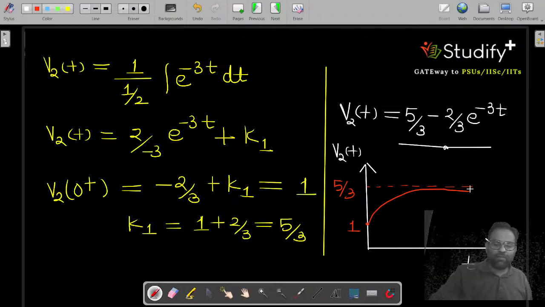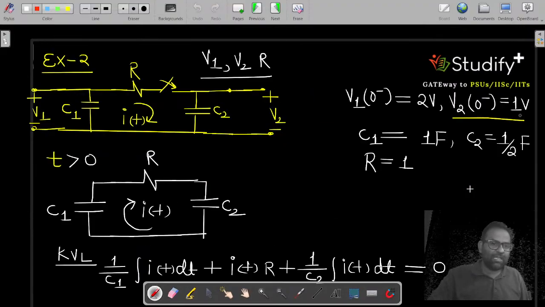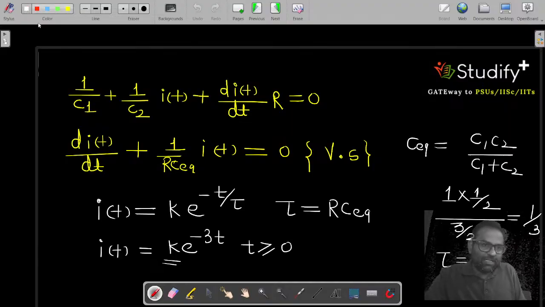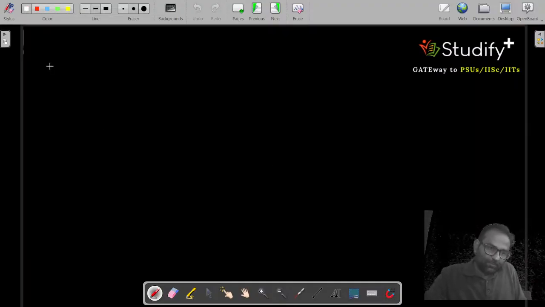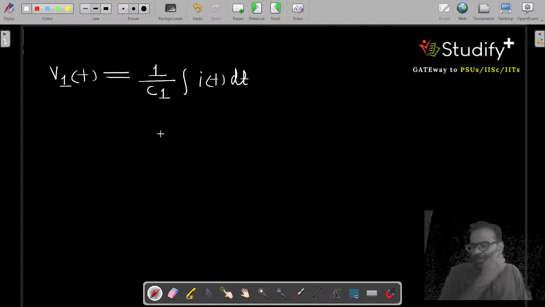You can calculate V1(t) also by the same principle. If you are interested in V1(t), can I say V1(t) is given by 1 by C1 integration of i(t) dt? What is 1 by C1? C1 is equivalent to 1 farad.